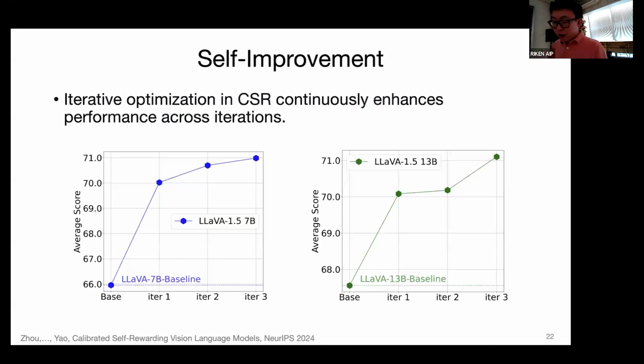We also evaluate the self-improvement, to see whether these models can iteratively optimize and continuously enhance performance across iterations. We can see that across different iterations the models improve, starting from the base models, and the largest improvement happens in the first iteration, and then it converges.